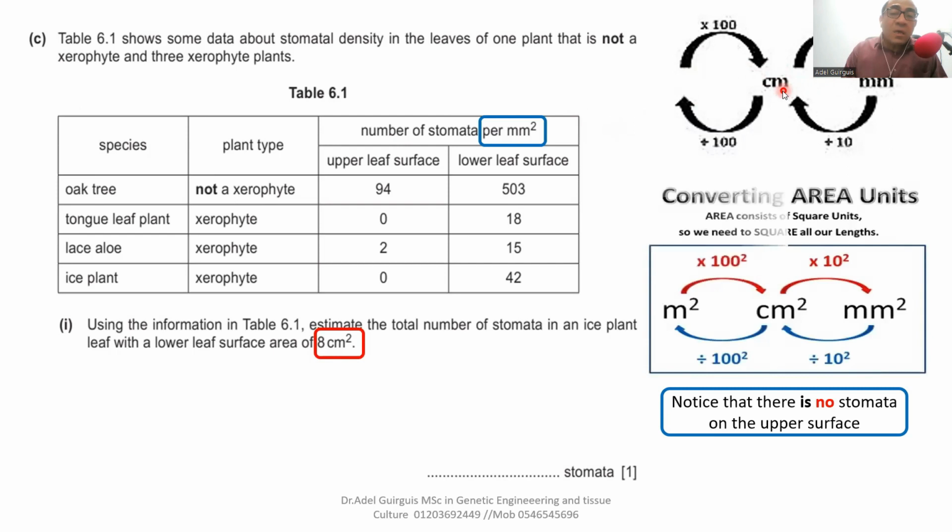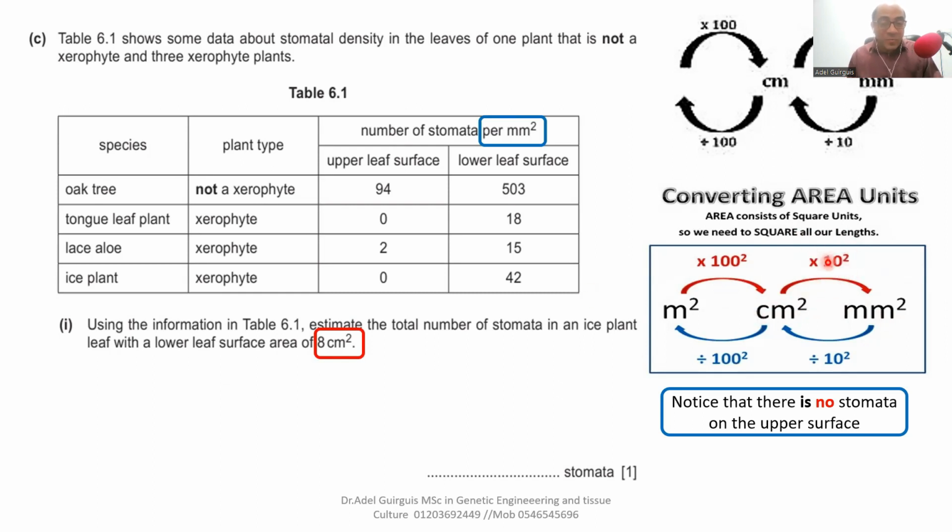What about converting area units? As you know, area consists of square units, so we need to square all our lengths. From squared centimeter to squared millimeter, instead of 10, we multiply by 100, which is 10 to the power 2.